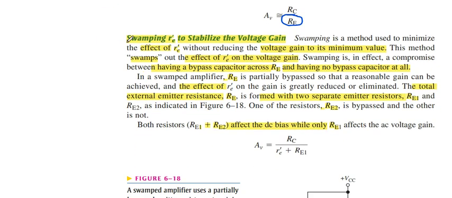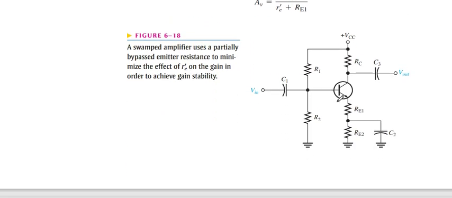We use a method called swamping. What is this method? We divide RE into two parts, also using the bypass capacitor.